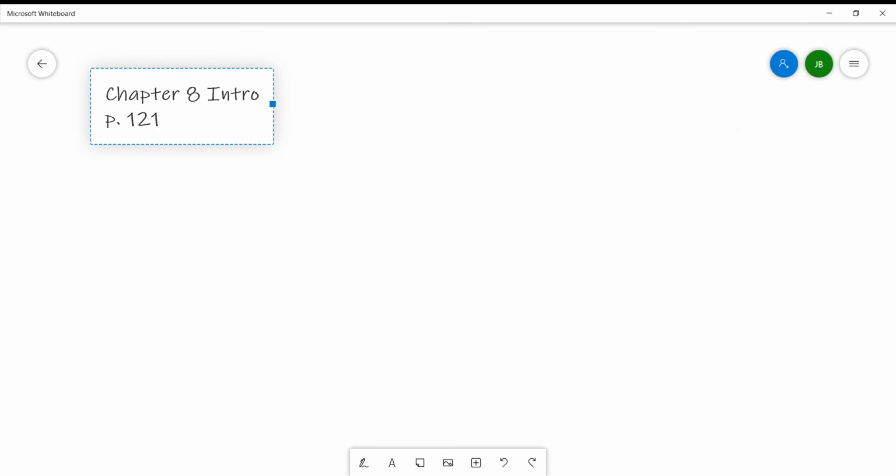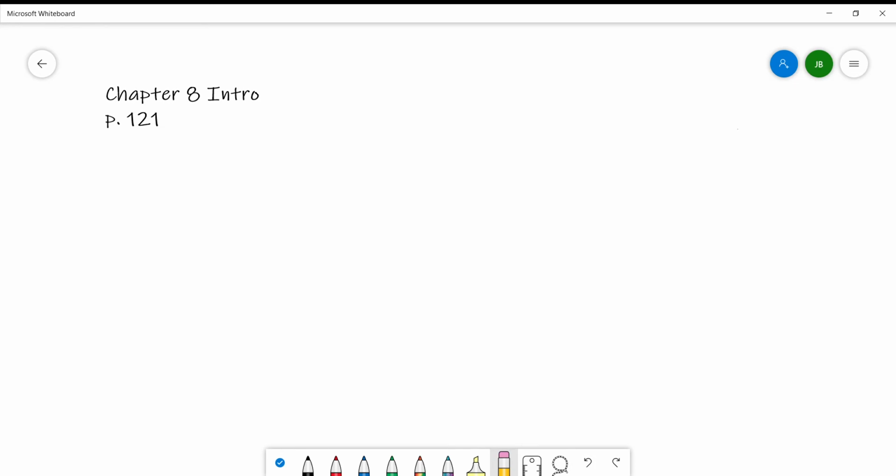Okay, cool. So how would we approach this problem on the top of page 121? So we've got a square. This is a square, as best as I can do it.